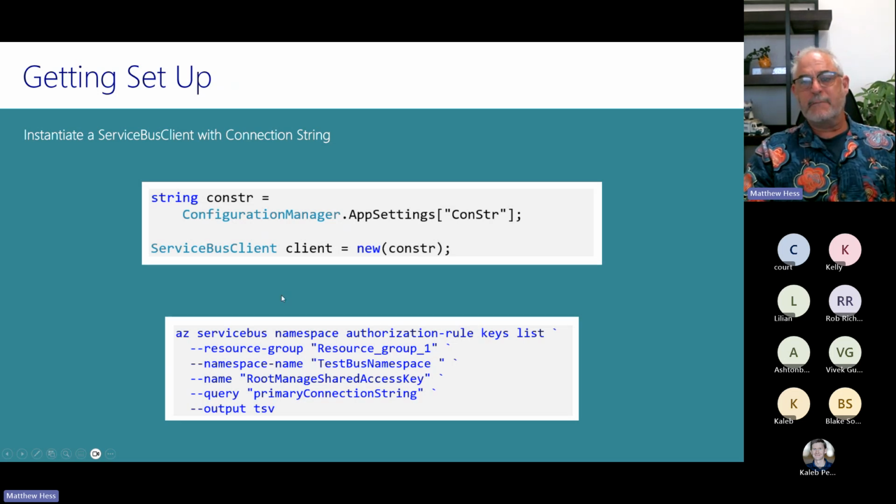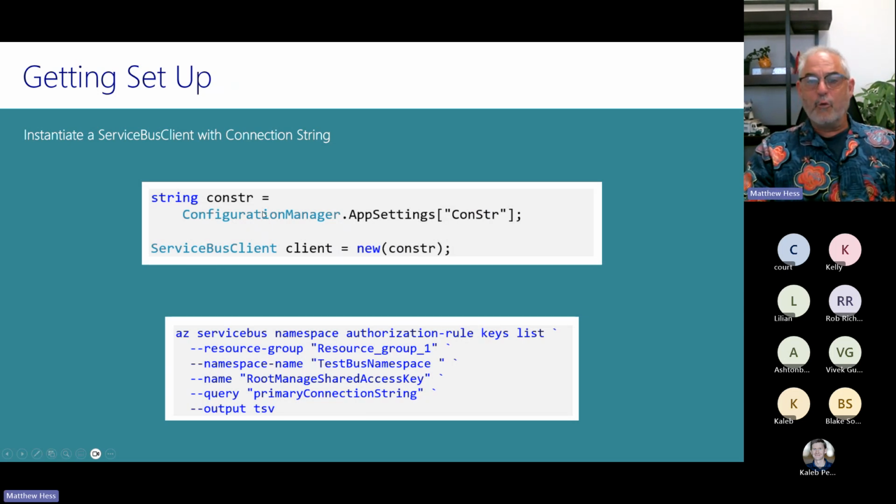If you go into the portal, there are some clicks you can do to find it. But here is a little command through the CLI, which should enumerate all of your keys. So there are a couple of ways to fish the connection string out, and then I'm just storing it in app settings.